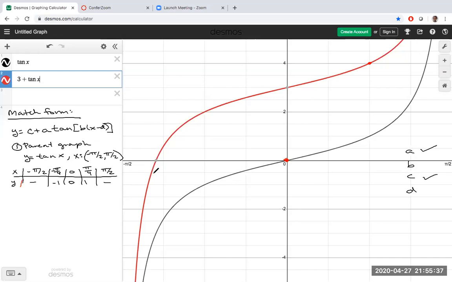Now B and D actually affect your horizontal translations, so they affect the input X. Let me write that over here. A, C affect Y values, or the range, and B, D affect X values, the domain.